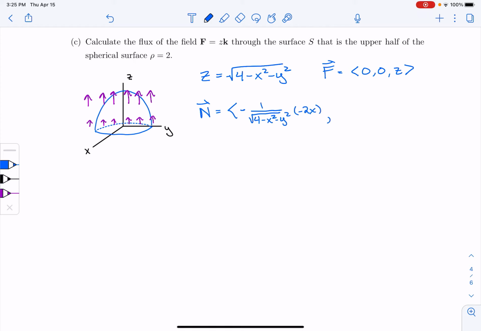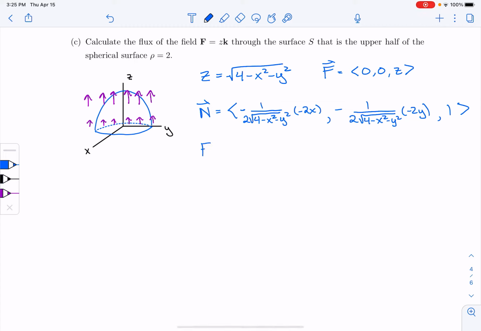And then, similarly, the negative derivative with respect to y is again 1 over 2 root 4 minus x squared minus y squared times a negative 2y. And then the z component is 1.